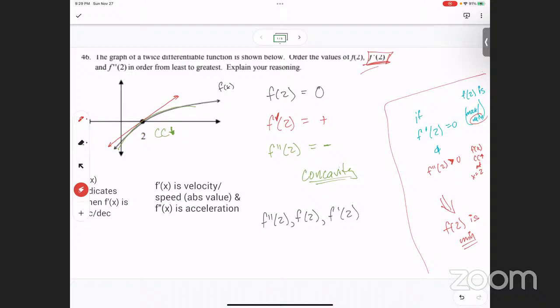Okay. So f prime of x would be like speed. Yeah, exactly. So f prime of x is like velocity. F double prime is acceleration. So acceleration is the rate of change of the rate of change. If you're in a car going 40 miles an hour, but your acceleration is 0, your velocity is 40 miles an hour and you're keeping a constant velocity.